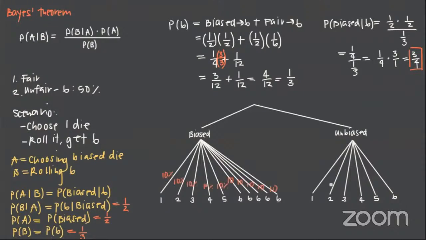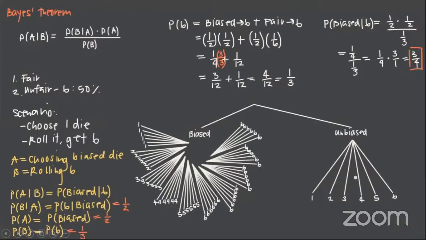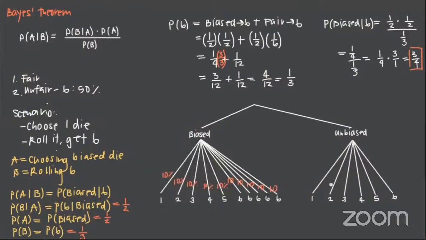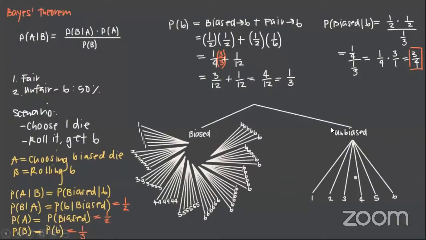So which means in this case there are 10 options, 10% each, which add up to 100%. In this case, I get 1, 2, 3, 4, 5, 6. Now, since we have to compare both of them, let's multiply to get the common values. I will multiply the number of biased side.